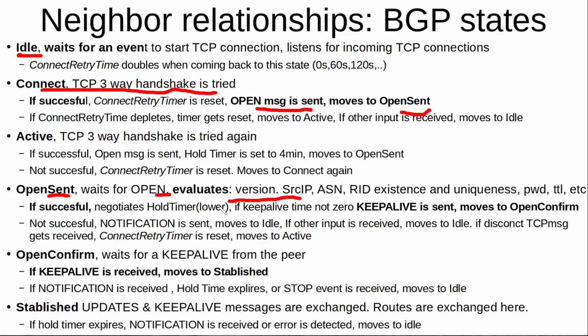If everything is successful, a keepalive is sent, and we move to open confirm. In the open confirm state, we wait for a keepalive from the other side. If a keepalive is received, we go into the established state, where we can exchange routes.